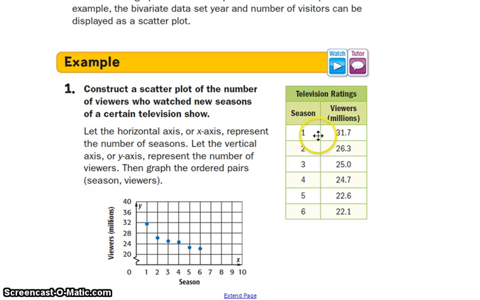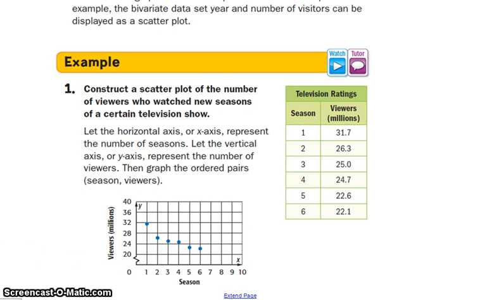So here are your ordered pairs, 1 and 31.7. So you go over 1 up to 31.7, over to 2 up to 26.3. And after you plot that, you can kind of see you've got sort of a negative line going here. But for the first part, just work on practicing plotting them. We'll analyze it in a little bit.